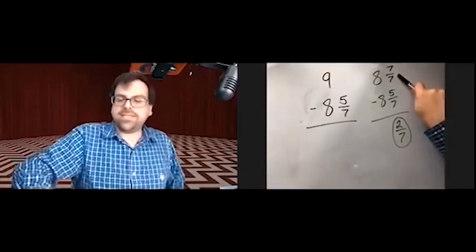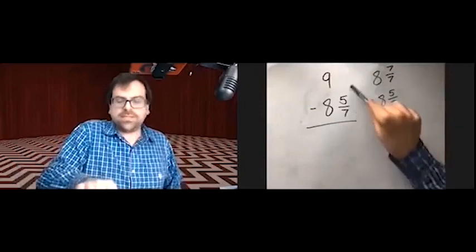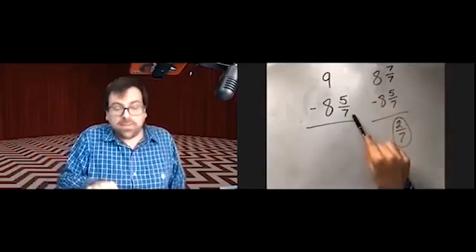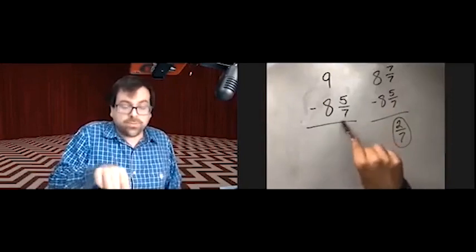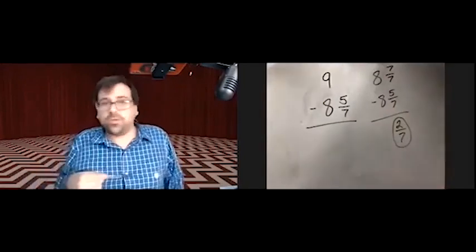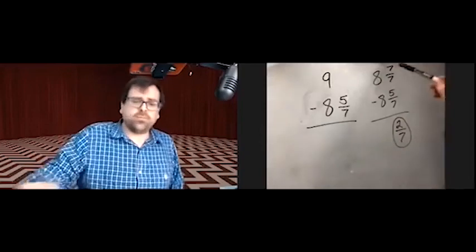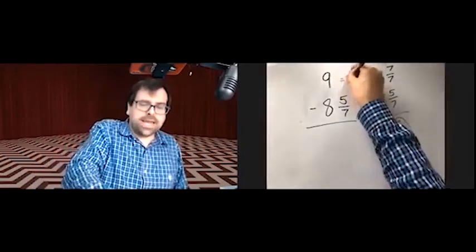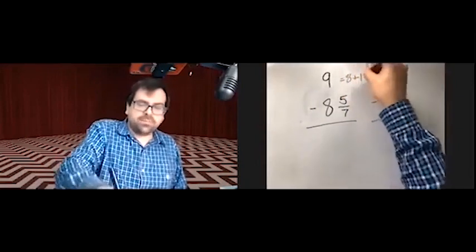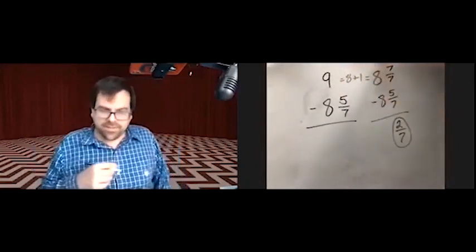Why did I make 7/7? Well, because to subtract fractions, we would need a common denominator. Why complicate it? This one has a denominator of 7, so our other one should have a denominator of 7. And we're borrowing 1 because 9 is 8 plus 1, which is 8 plus 7/7.